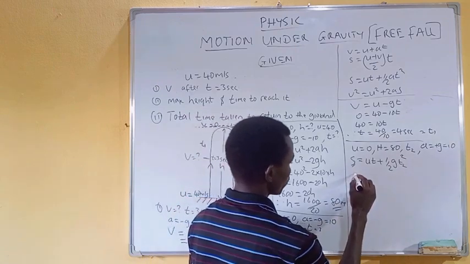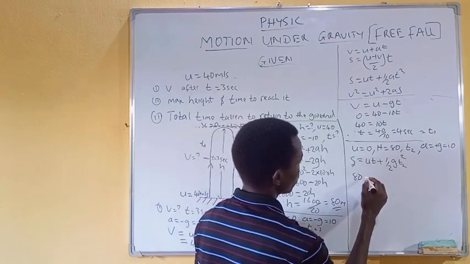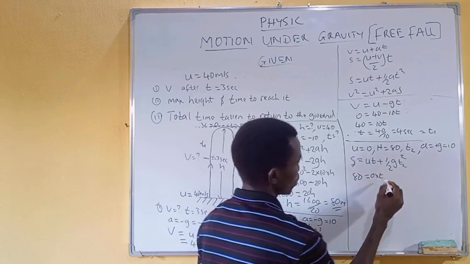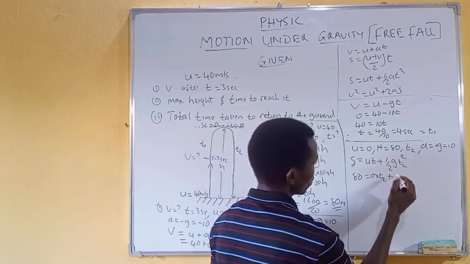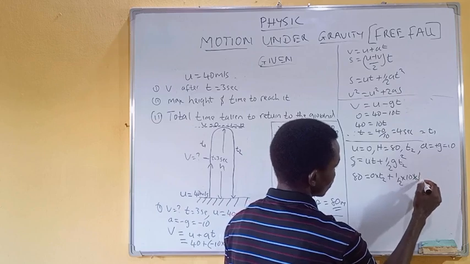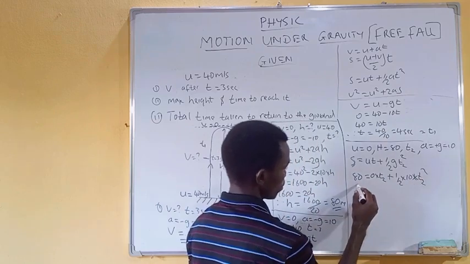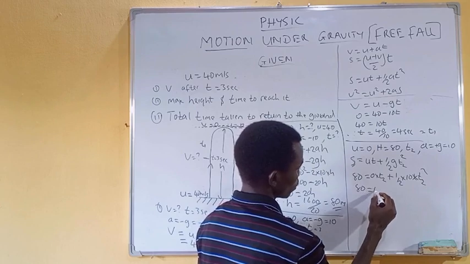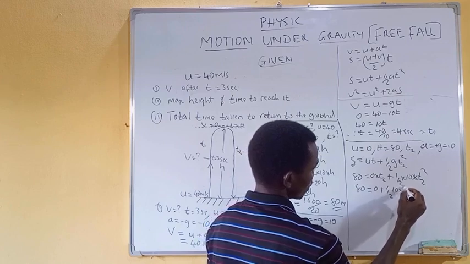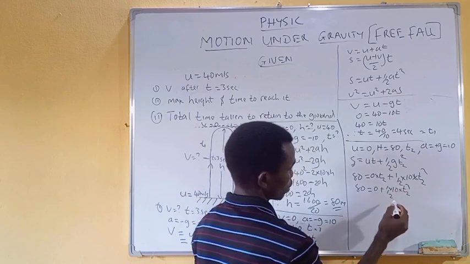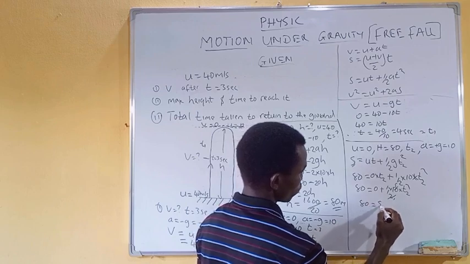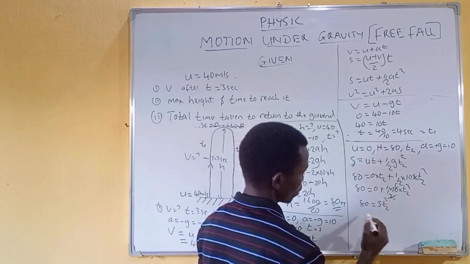From here, now we have h, which is the height, equals initial velocity 0 times time plus 1 over 2 times 10 times t2 squared. Now h is equal to 0 plus 1 over 2 times 10 times t2 squared. This 1 and this 5 becomes 80 equals 5 t2 squared.